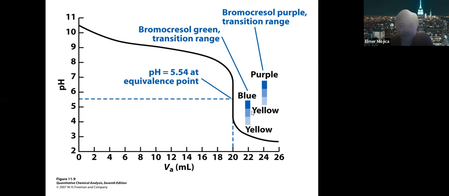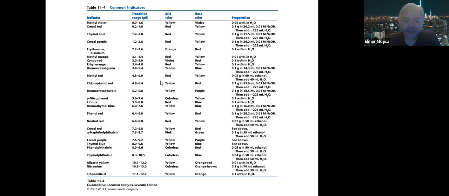So you can use bromcresol green, which goes from blue to yellow, or bromcresol purple, which is purple higher than 5.54 and yellow at pH lower than 5.54. Here are the transition points that you have.